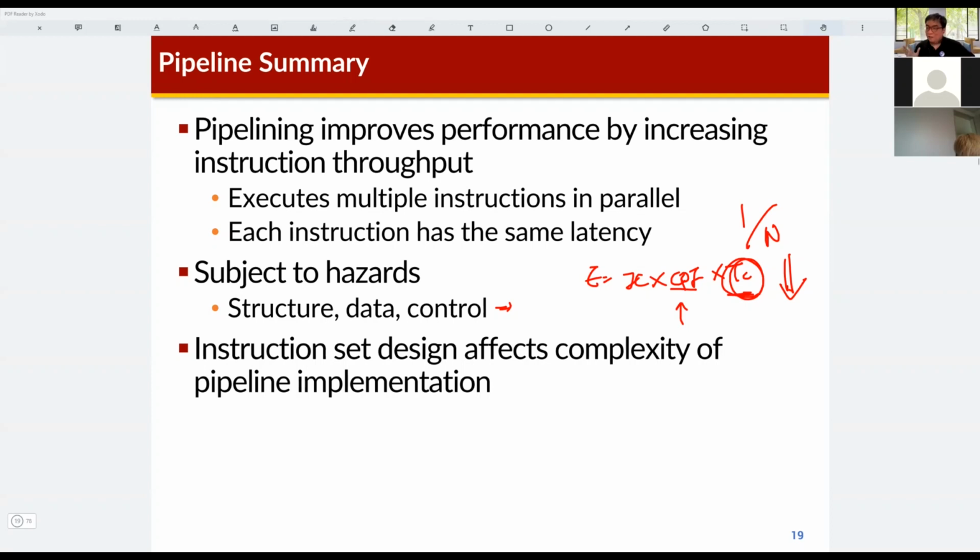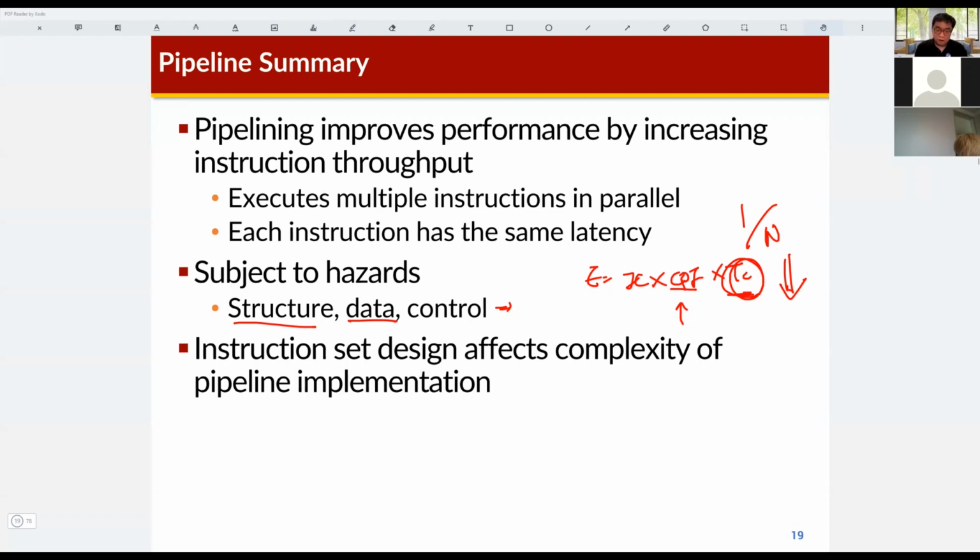So we need to reduce the number of hazards in the processor. In order to do that, we can invest more hardware resources to reduce the structure hazard, like separating instruction memory and data memory.